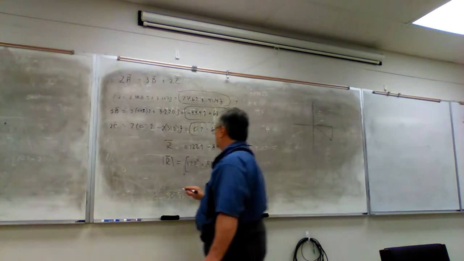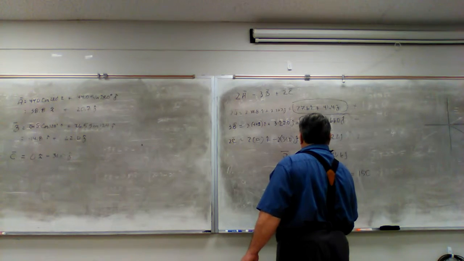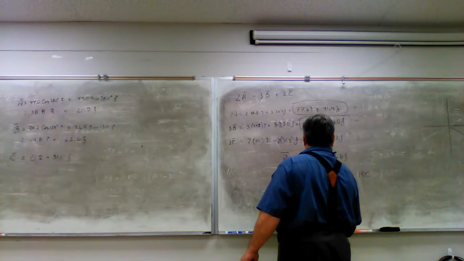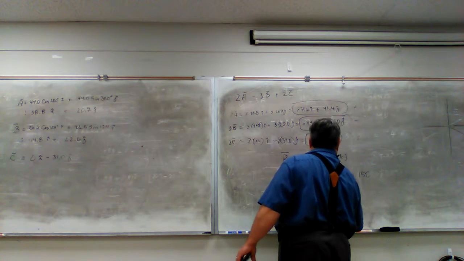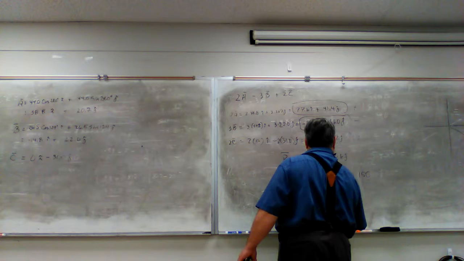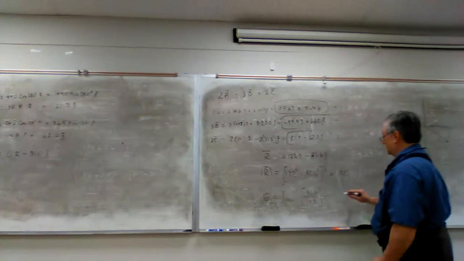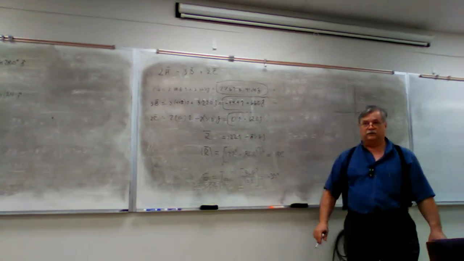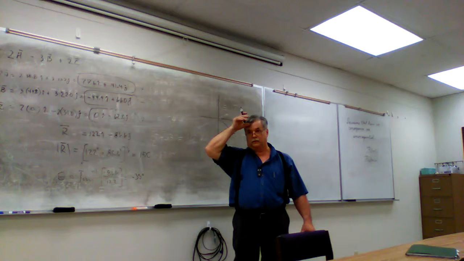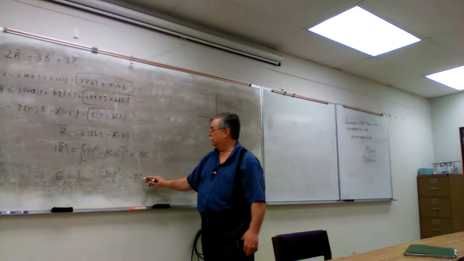And theta is the inverse tangent of minus 86.6 divided by 122. Minus 35 degrees. No decimal place? 0.0.